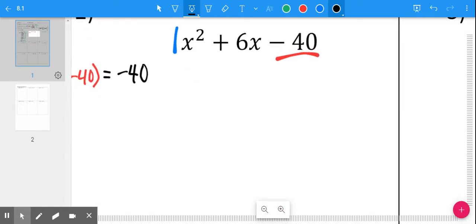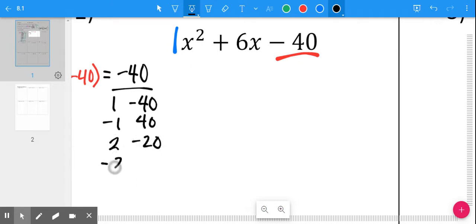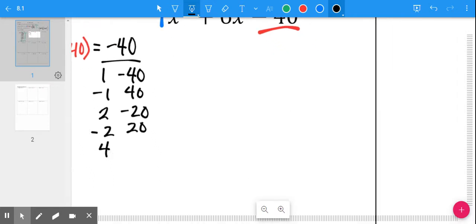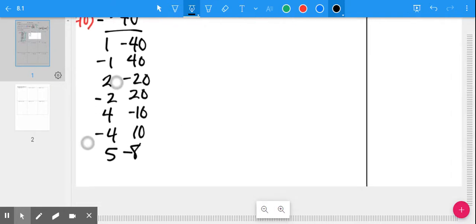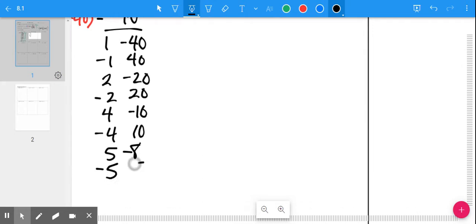So all of the factors of negative 40. So 1 times negative 40 makes negative 40. Negative 1 times positive 40 also makes 40. 2 times negative 20. Negative 2 times 20. 4 times negative 10. Negative 4 times 10. And then 5 and negative 8, or negative 5 and positive 8.